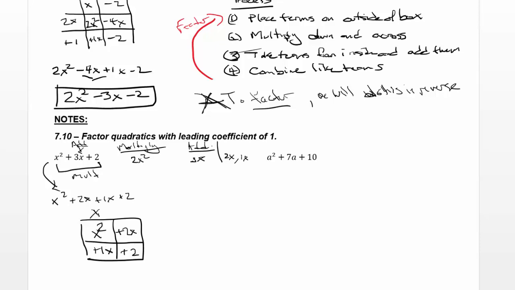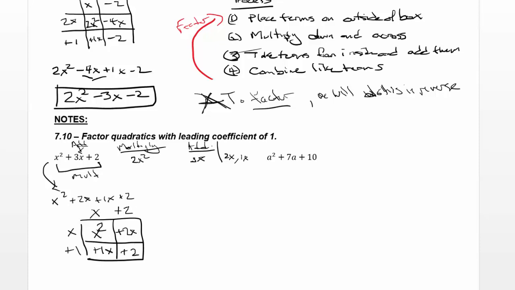If this is an x, then to make an x squared, this also has to be an x. To make a 2x here, I would take this x and multiply it by whatever number goes up front. So x times positive 2 makes 2x. Similarly down here, to multiply with an x to get plus 1x, I need a positive 1.